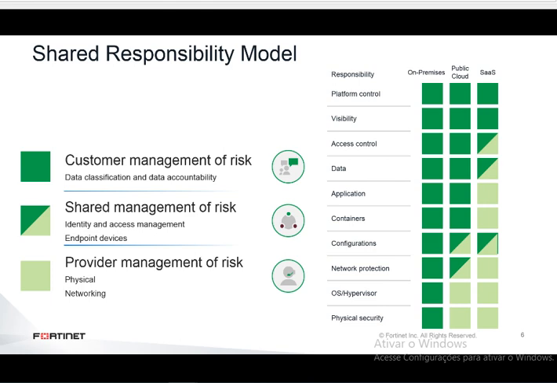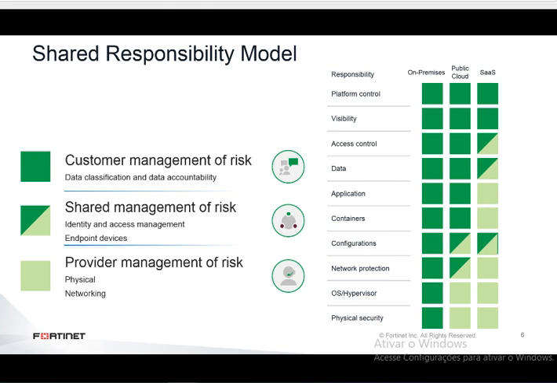In public cloud computing, whether IaaS or platform as a service, the customer is still responsible for securing key areas, such as control of the platform, access control, data, application, and container security. Other areas, such as configuration and network security, are shared by the customer and cloud vendor.